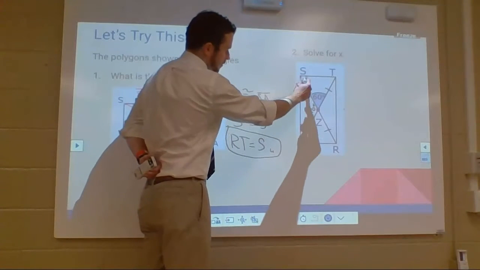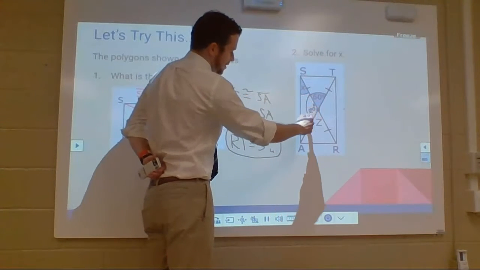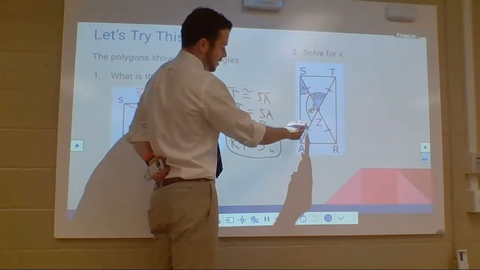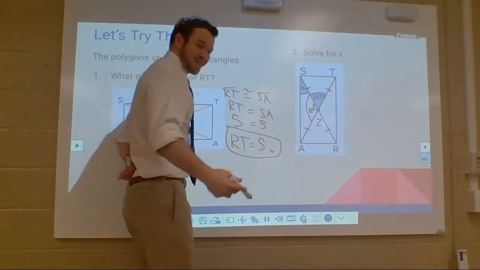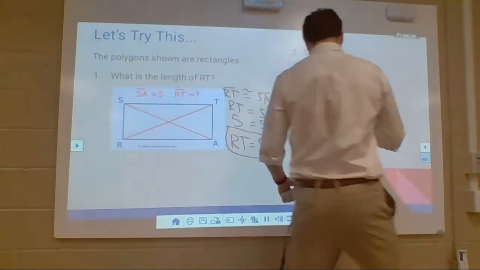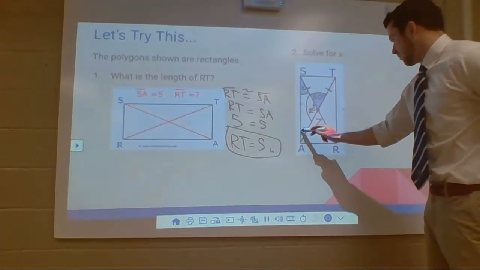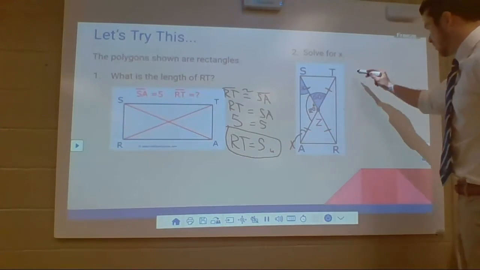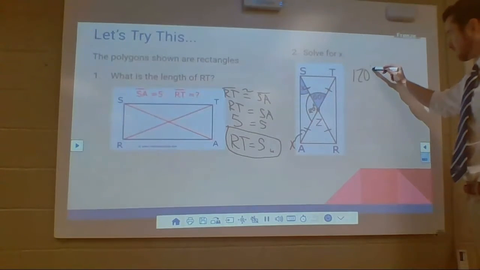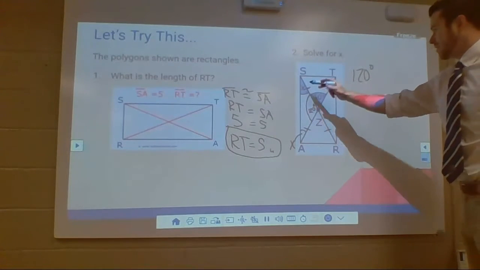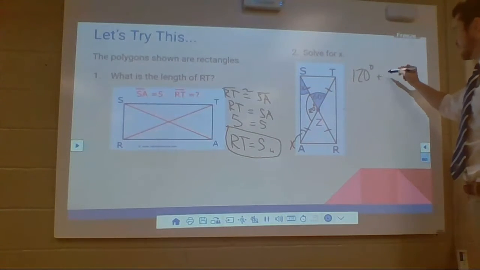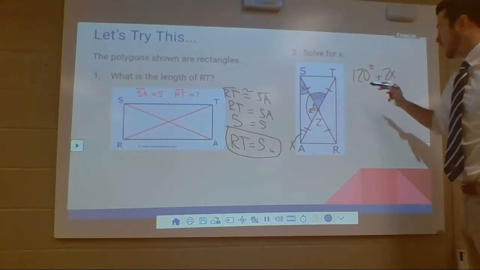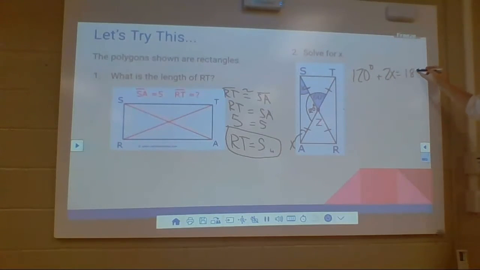Now check out this triangle, triangle SZA. What kind of triangle is it? It has two congruent sides, doesn't it? So it's isosceles. So if this is x, then this would also be x. So we can say 120 degrees plus x plus x, which is 2x, should equal 180 degrees, right?